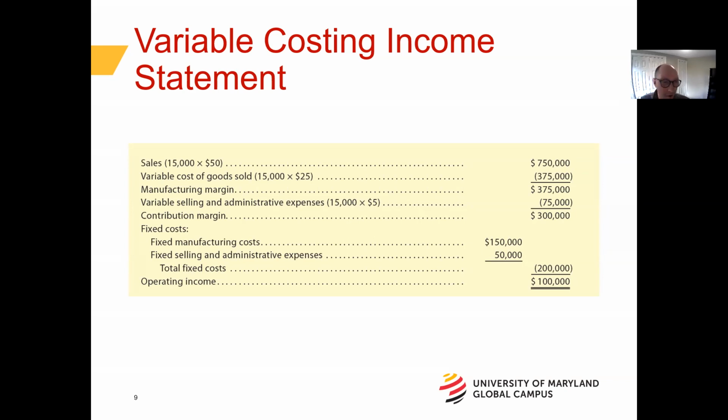Well, there's a couple of business reasons. Number one, it makes the company look a lot more attractive with a higher contribution margin, doesn't it? 225,000 compared to 300,000 is very attractive to an investor.